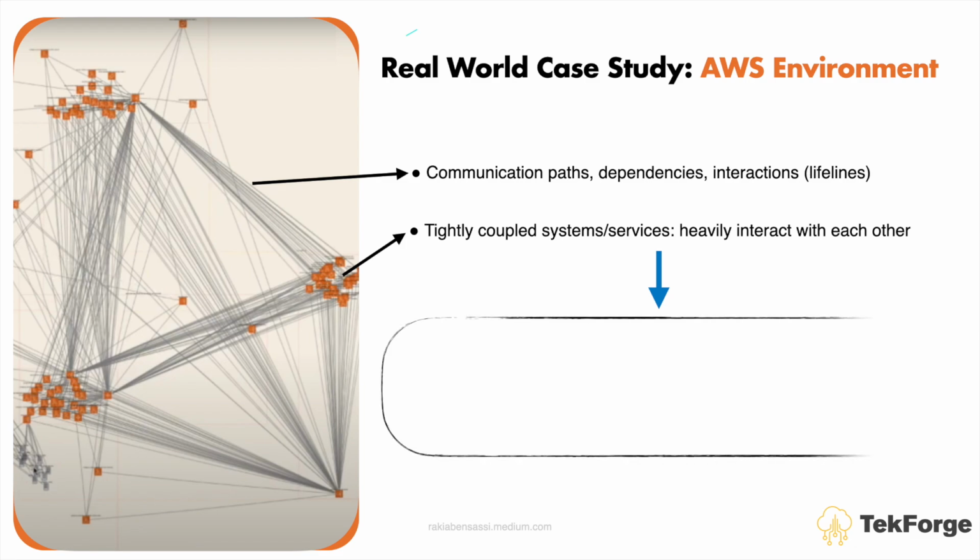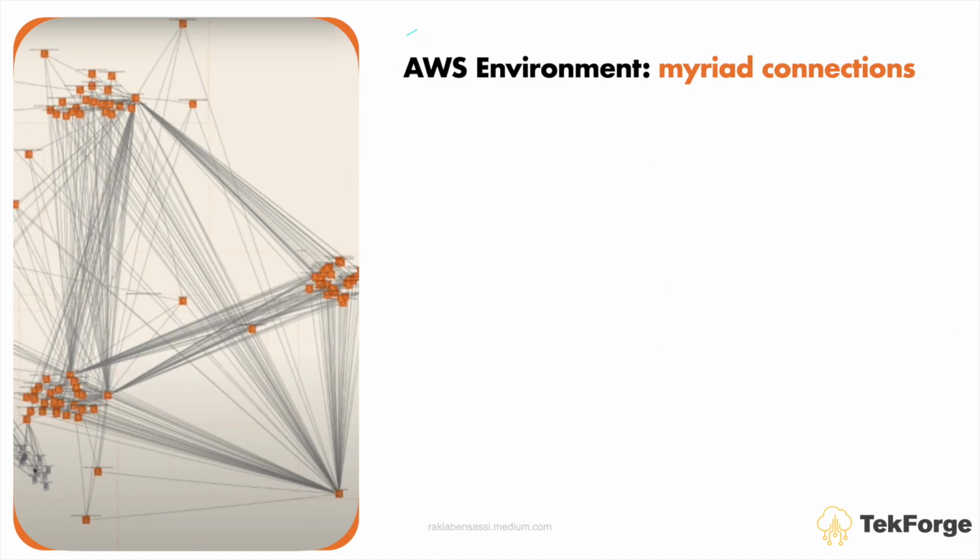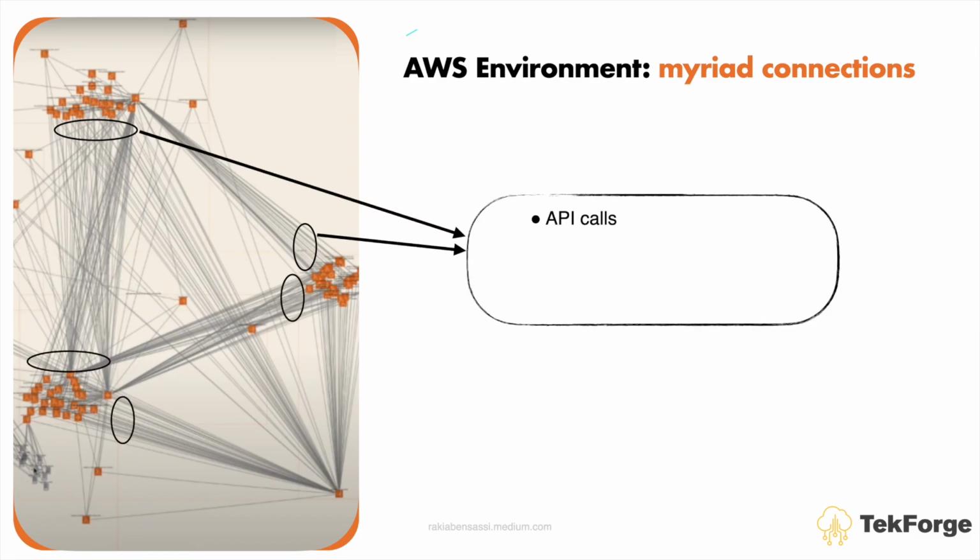This cloud suggests areas of high traffic, complex interdependencies, or critical points of the architecture that require robust fault tolerance and high availability strategies. The myriad connections branching out from these clusters could be various API calls, data transfer activities, or other inter-service communications necessary for the distributed system's operations.